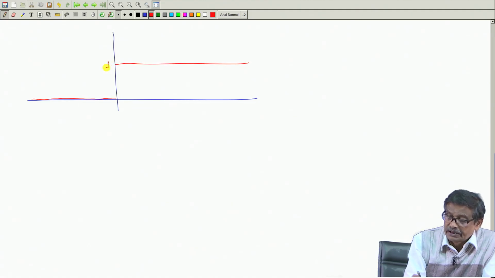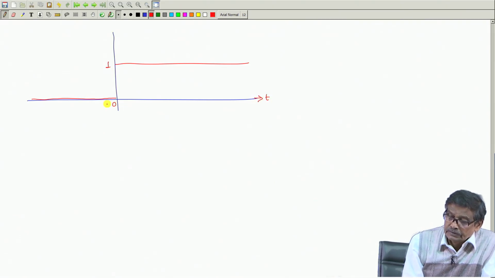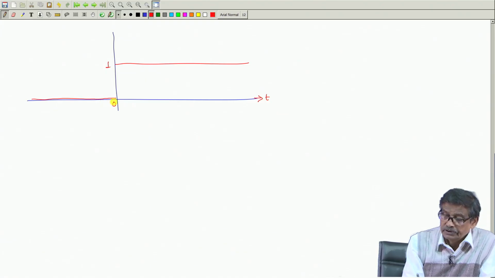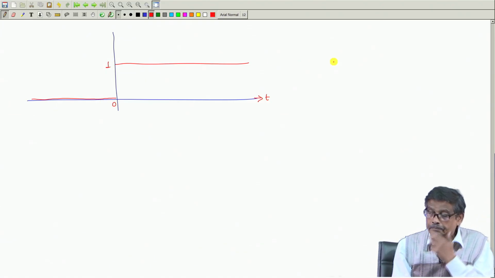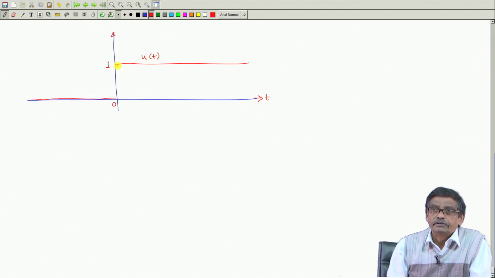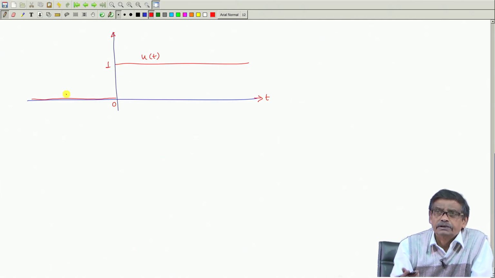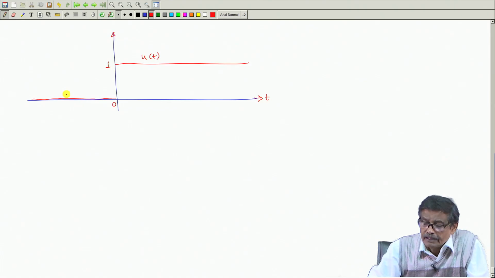This is magnitude 1 and this is your time, this is your 0, and u(t) we know is 0 for t less than 0 and equal to 1 for t greater than 0. Now, this function u(t), is it even or odd? Neither even nor odd, because at any positive t you take, it is plus 1, at negative t it is 0.